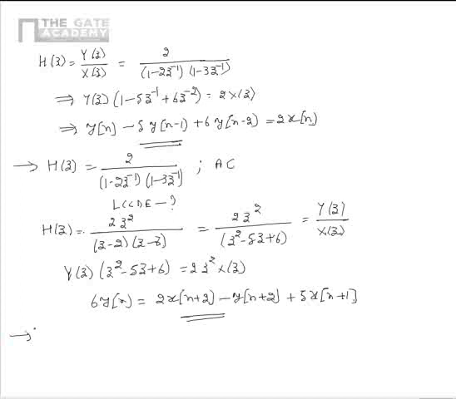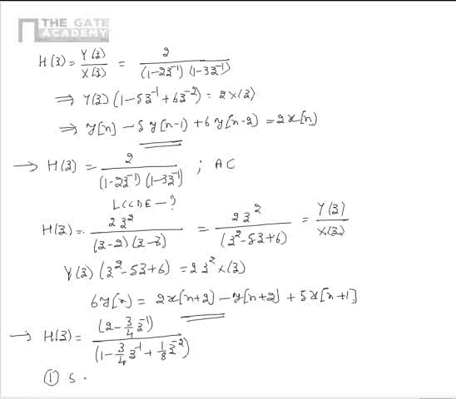Now let us consider another problem as per which it is given that the system function of a LTI system is H(z) equal to 2 minus 3 by 4 z inverse divided by 1 minus 3 by 4 z inverse plus 1 by 8 z power minus 2. There are three statements given as related to the system function.